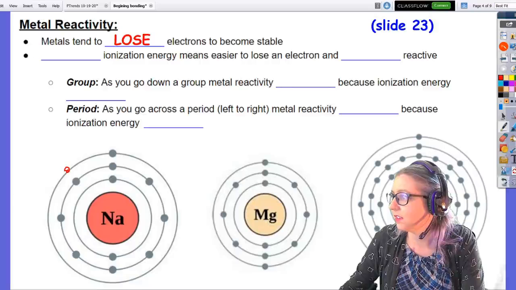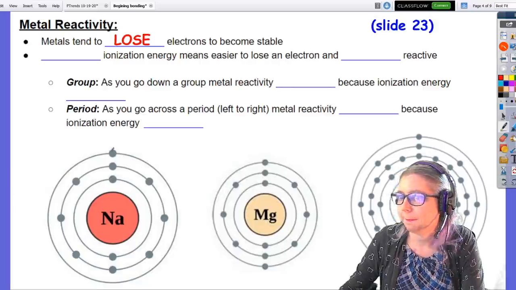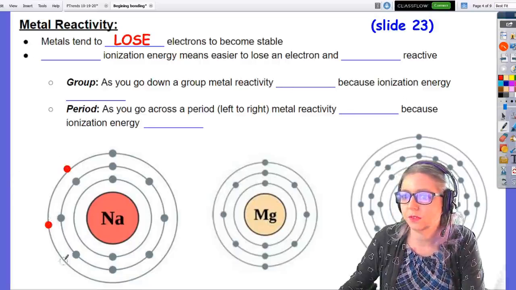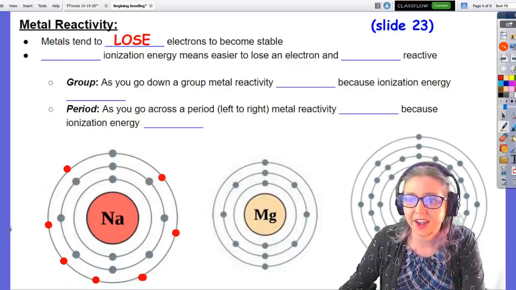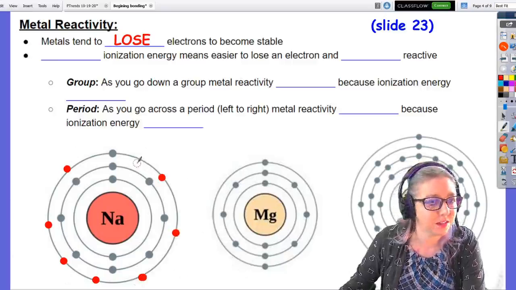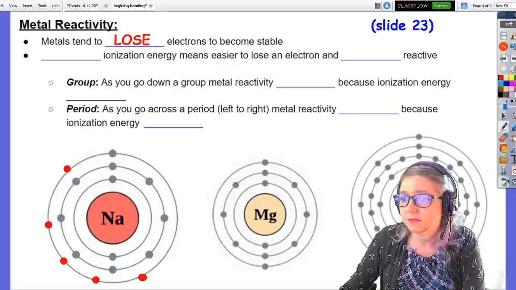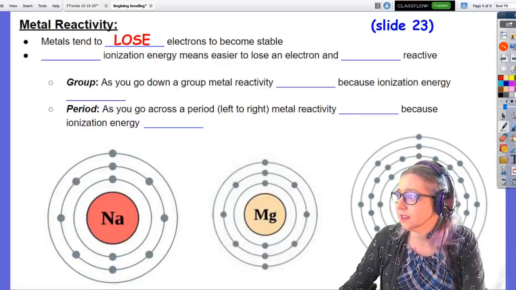Wait a second, I can do this easier. 1, 2, 3, 4, 5, 6, 7. So my sodium can go around and find 7 more electrons to add to its outside ring. Or it has another option.